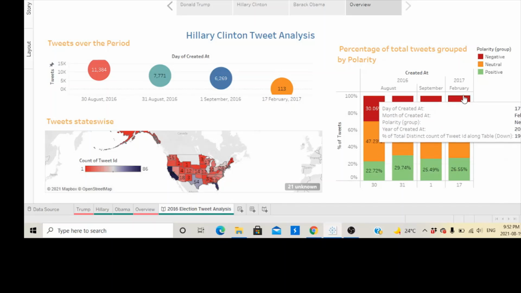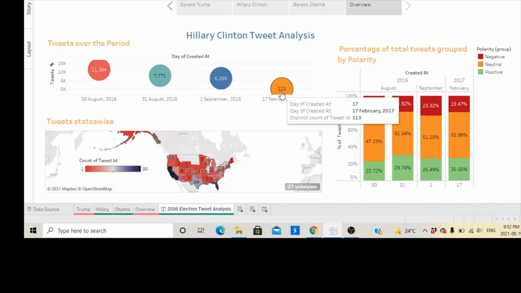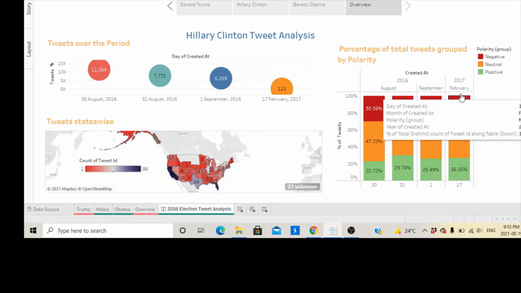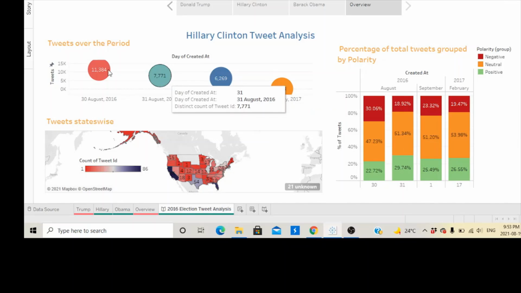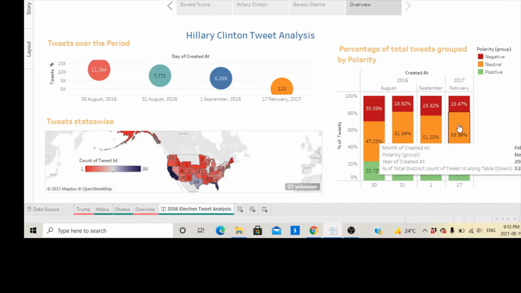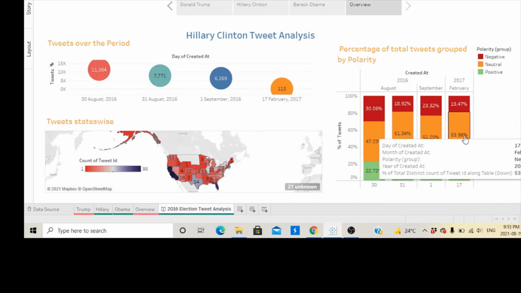But we have to remember that the tweets on February 17th are very few, only 113. When compared with the August 30th tweets, it might show the percentage is more, but the actual count is very low.